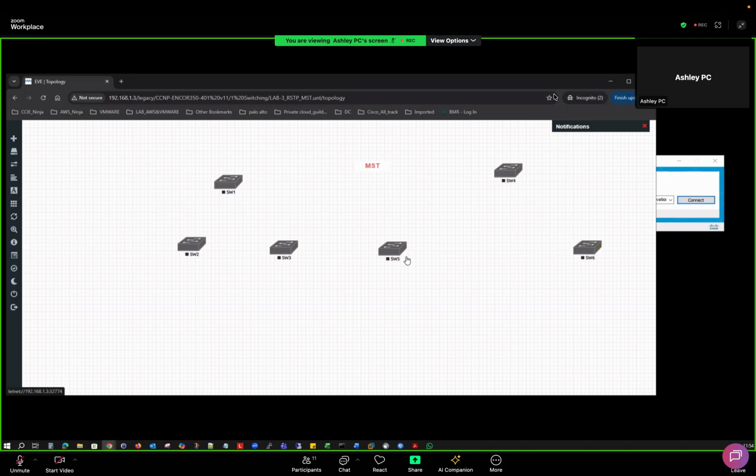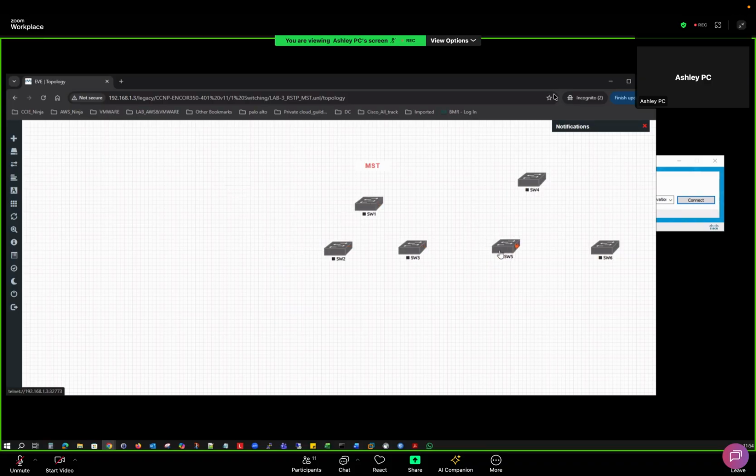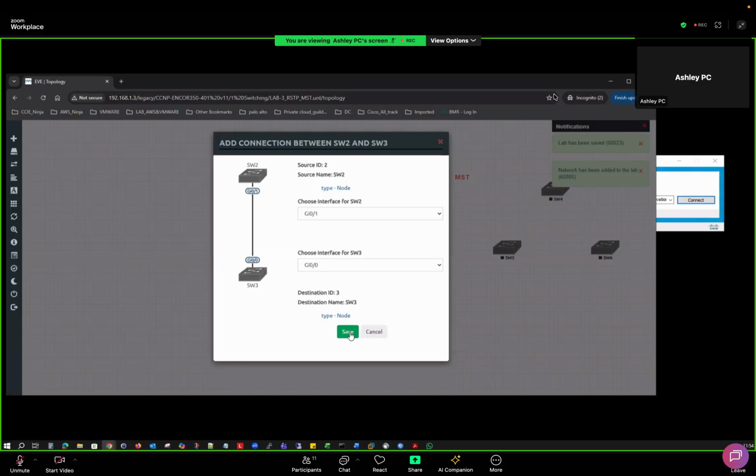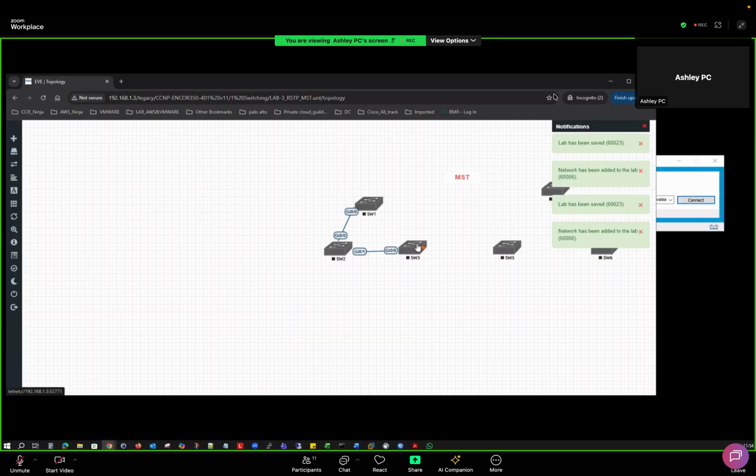So we have the links between them. We have switch 2, switch 3, switch 1. Let's assume that this is one region and that is another region. So for the basic configuration, switch 1 is going to connect to another switch, and then this switch is going to connect to another switch, right?